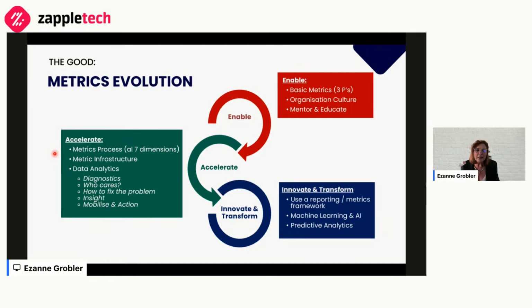But I heard the question from Paul earlier in terms of AI, and absolutely, in metrics, this is also where we're going with innovate and transform. You need to have a proper reporting framework, but then on top of it, you need to be able to benefit from machine learning, benefit from AI, and start with predictive analytics.